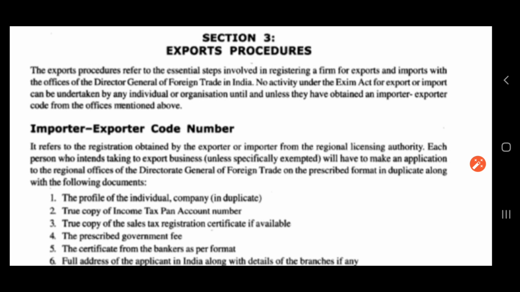In the next class we will be discussing the steps involved in processing an export order. So today what we have discussed is how to be registered for doing these exports or imports by any firm or individual.